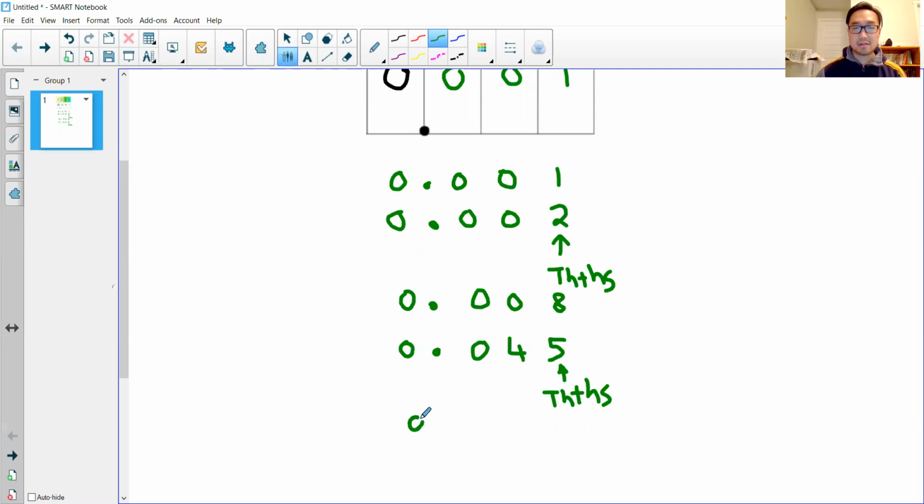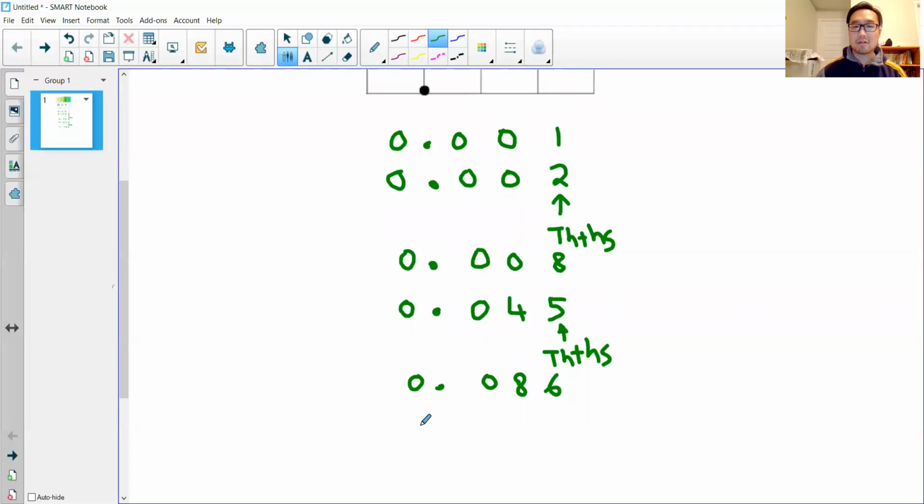If I had 0.086, I wouldn't say 86, I would say 86 thousandths. What if I had 0.321?